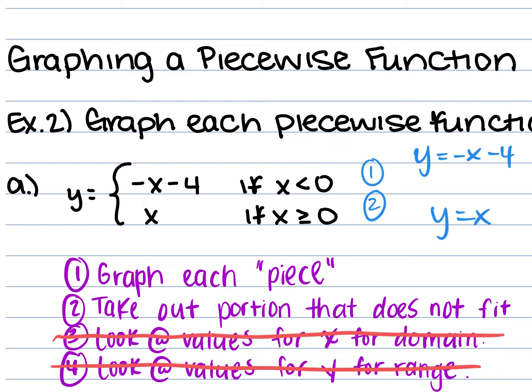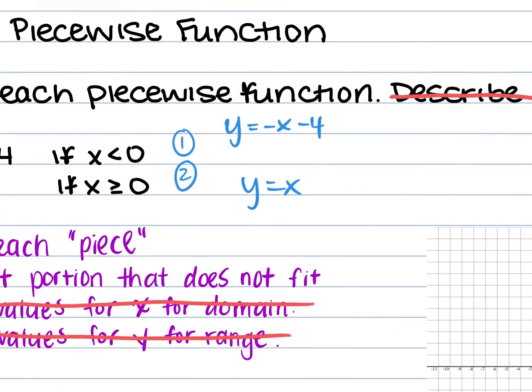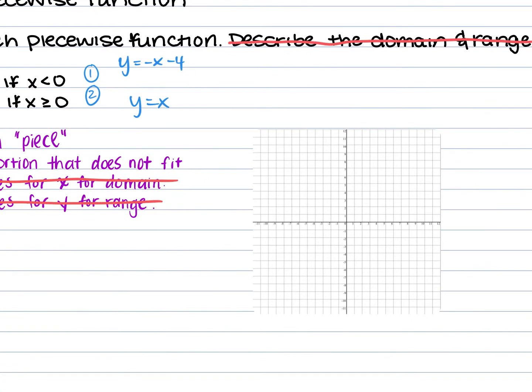So everything changes at what value of x? We change from one graph to the next at what value of x, Josh? 0. So I want you guys to go to your graph and draw a dotted line down 0, just as a reminder that stuff's going to switch when we get to 0.